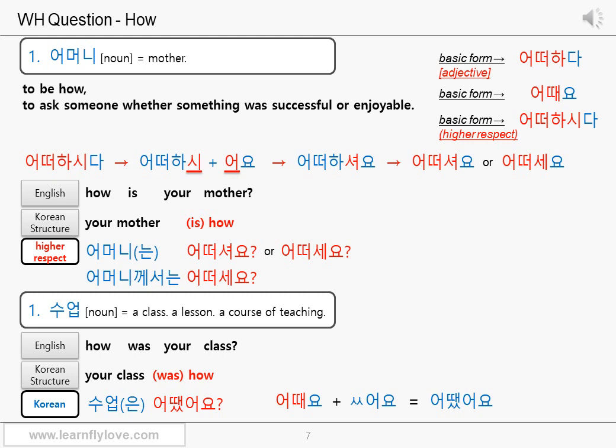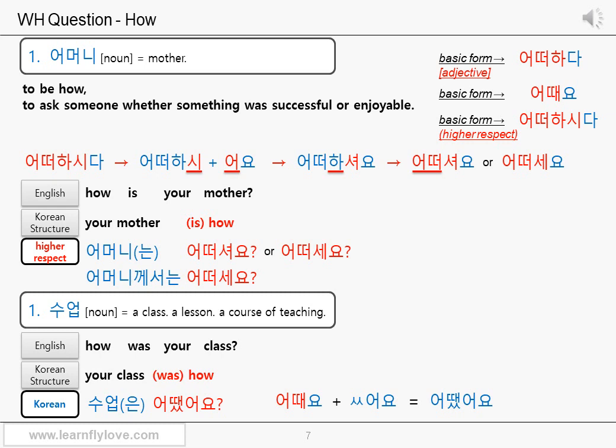Maybe it was the correct form a long time ago. We don't know who did, but anyway, people decided to get rid of this 하 sound from 어떠하셔요 to make it shorter. You don't need to know this, but maybe because people think the 어떠 part is good enough to be the stem, which has the strong meaning of asking how.